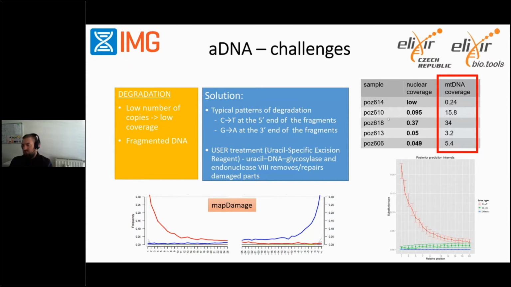The ancient DNA, depending on the site where it was deposited and lay there for several thousand years, is usually very fragmented, and the fragments experience typical damage and patterns of degradation at their ends, different at the 5' end and 3' end.